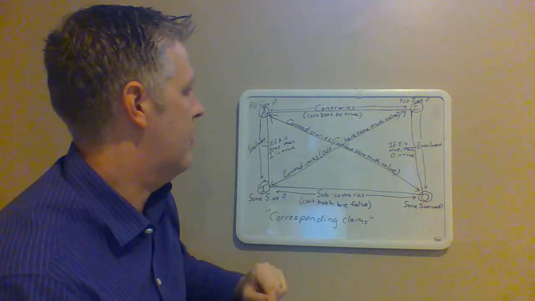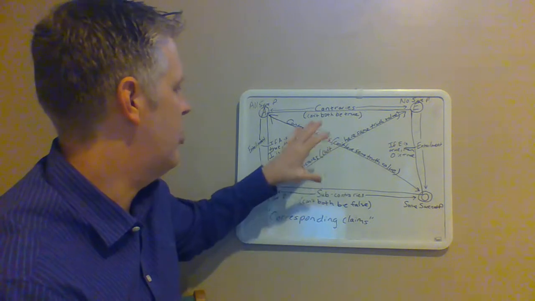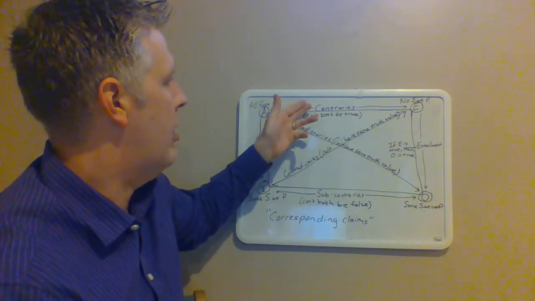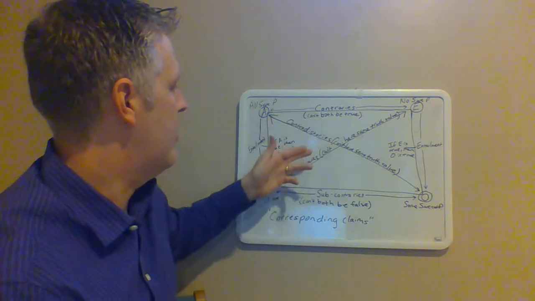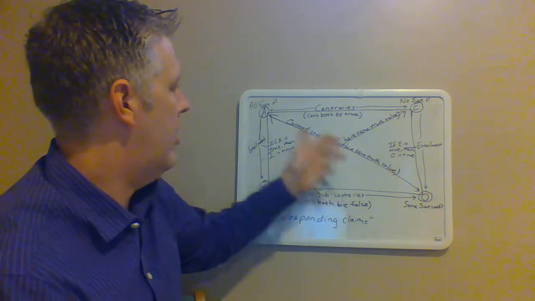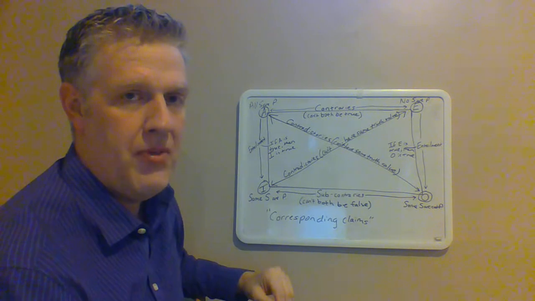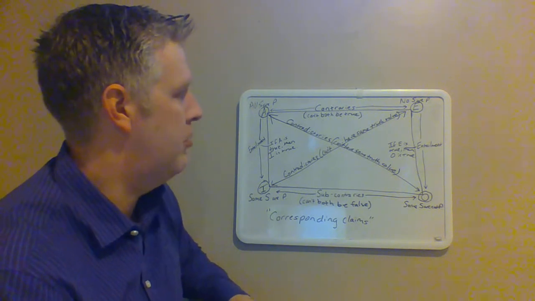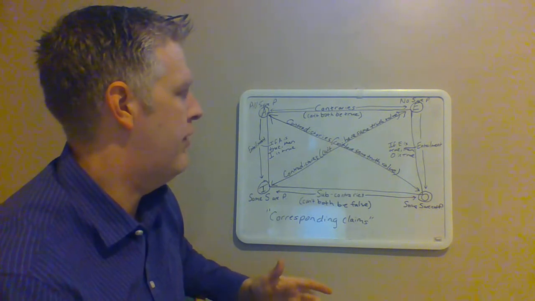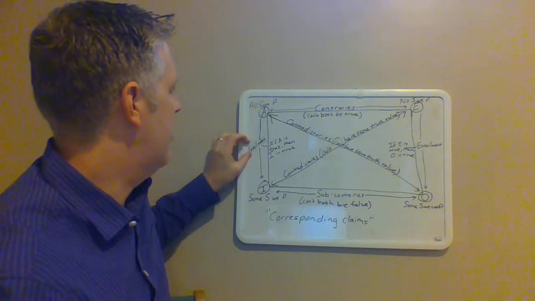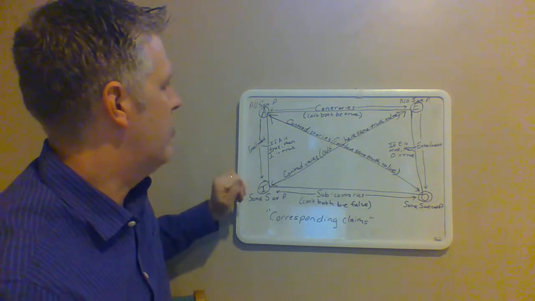We'll see how that works in a moment. There are different relationships indicated here: the contraries, the sub-contraries, the contradictories, and also one type of relationship that I don't recall the authors of our textbook talking about much, if at all, which is entailment. I'll mention a little bit about that as well.